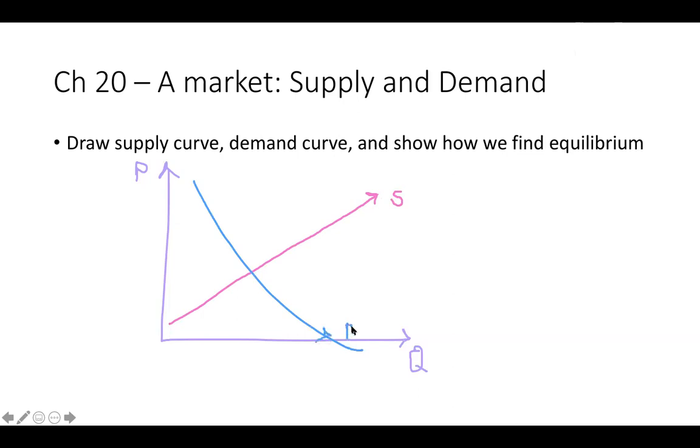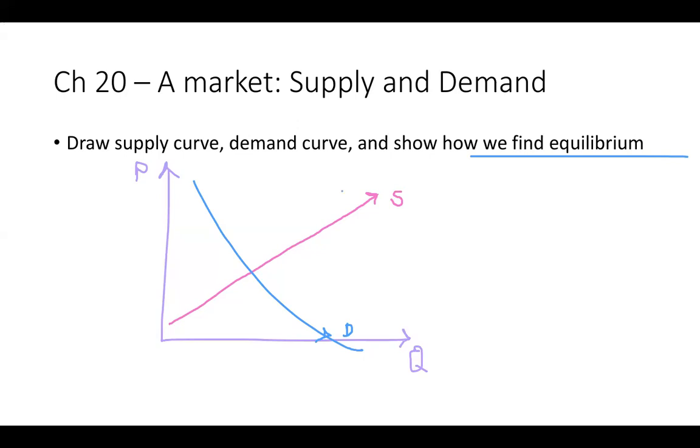When I draw my supply and demand curves like this, I want to find the equilibrium. I know that in any free market, in any market that has no forces pushed upon it, we find equilibrium by finding where the demand curve is going to cross the supply curve.